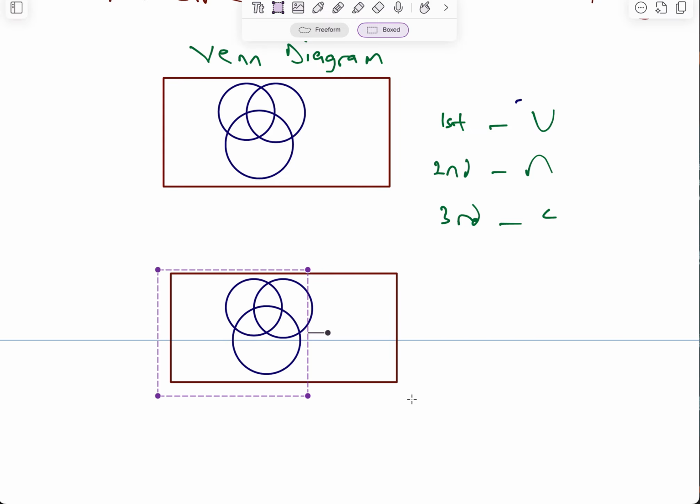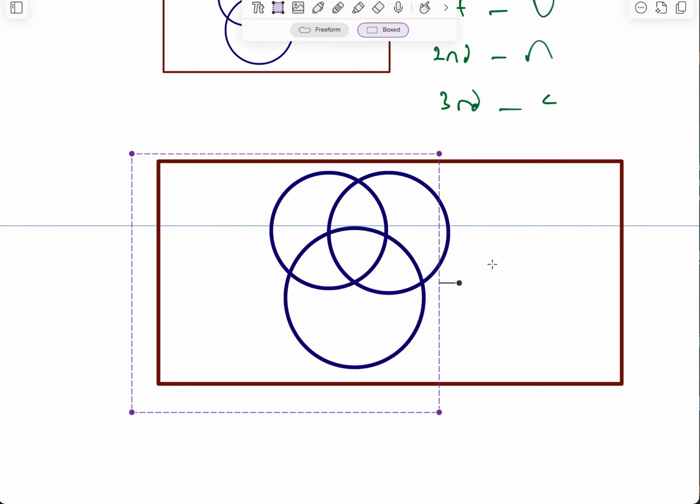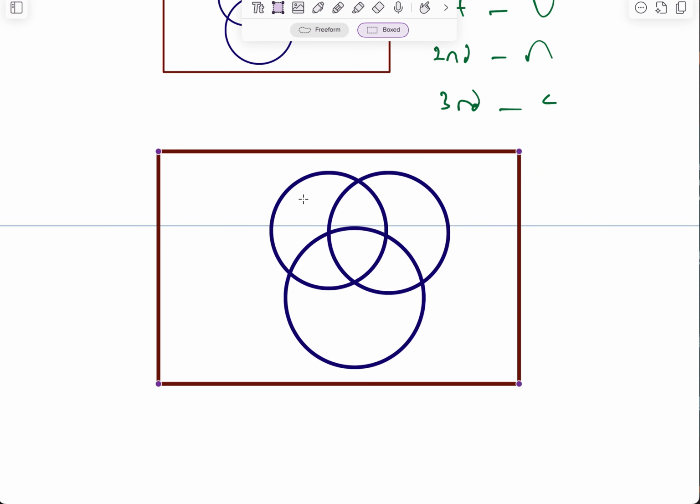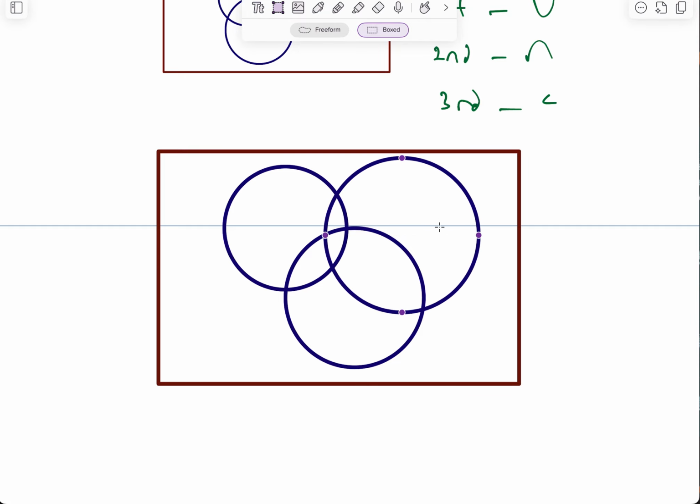I'm just going to enlarge this so that it can properly contain what I'm trying to do.